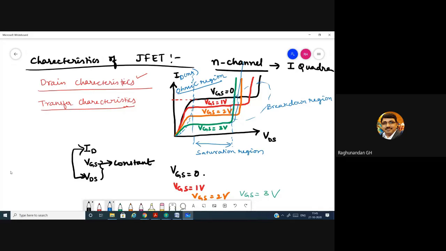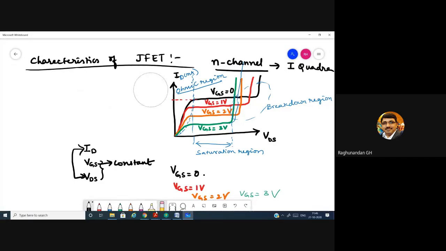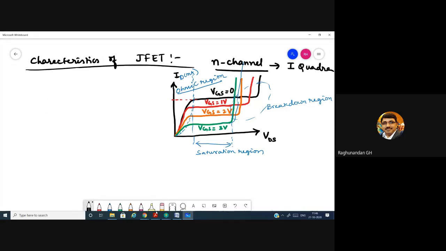Okay, this is the drain characteristics. Similarly, for the drain characteristics of P channel, what will be there? Same thing, you'll get it in the second quadrant, because VDS is negative.